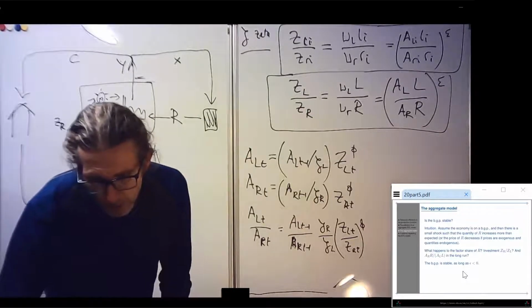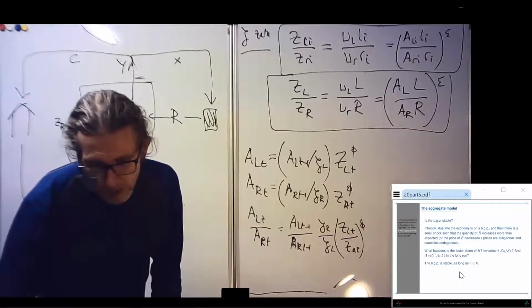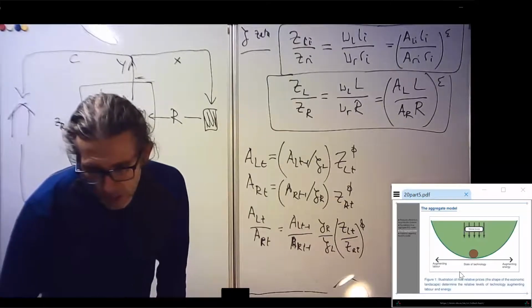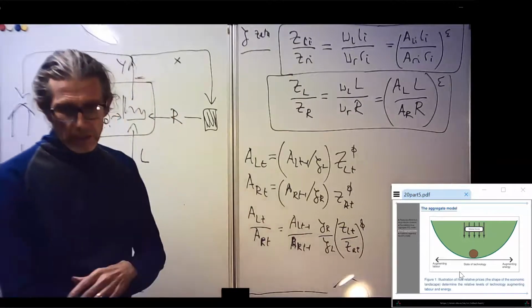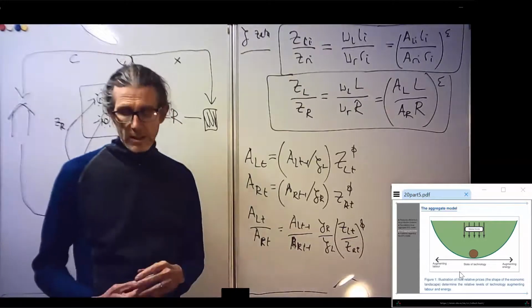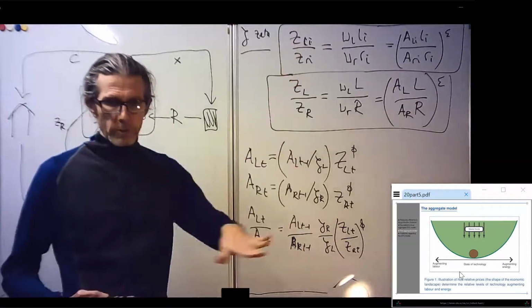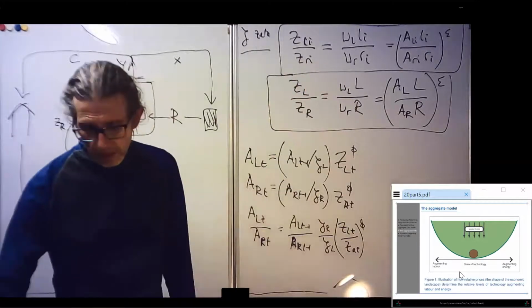I'm skipping this slide basically, but the last line: the BGP is stable as long as epsilon is less than 0. And then we have this picture, the next slide, just illustrating this idea that if some shock forces the ball away from the bottom of the valley, it's going to head back there over time.